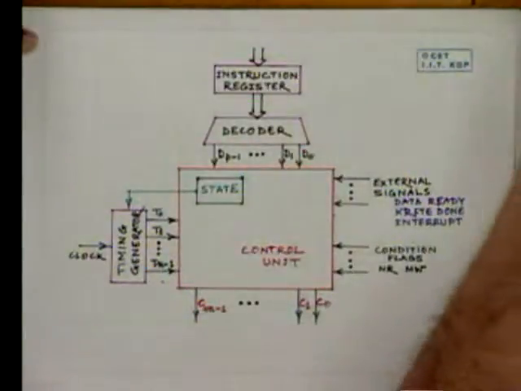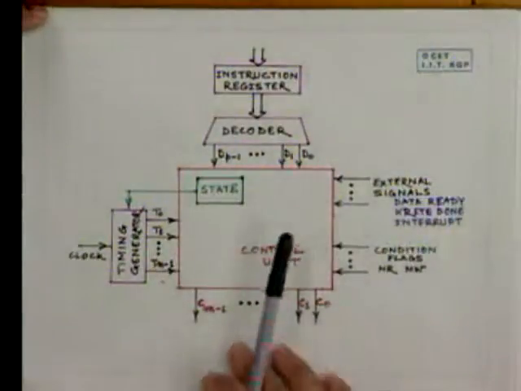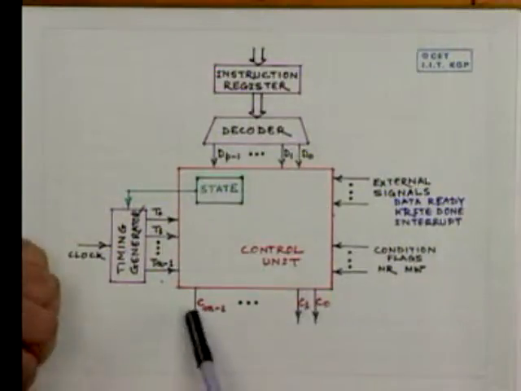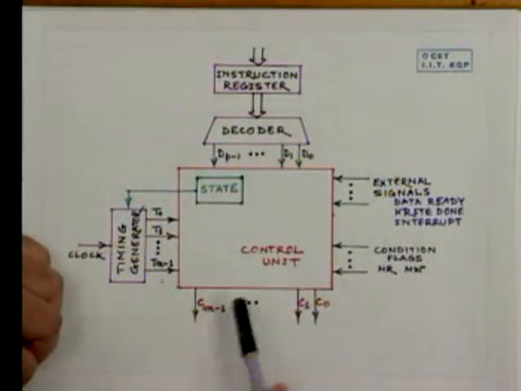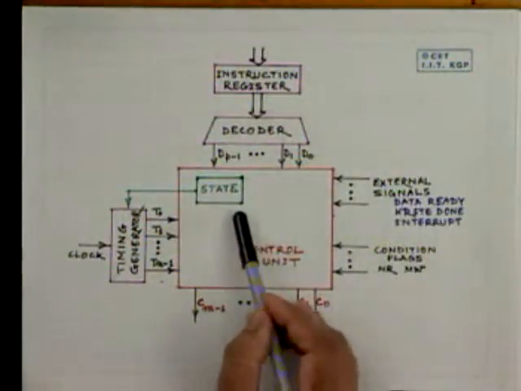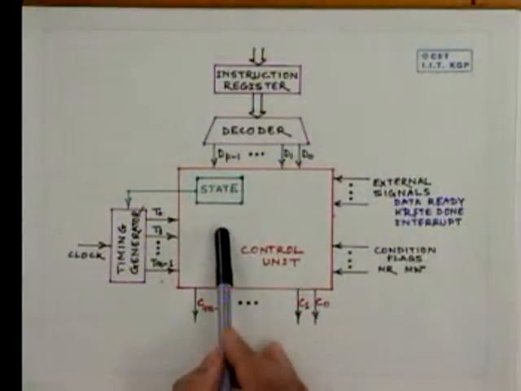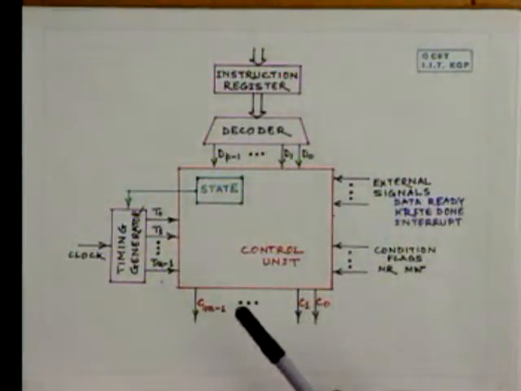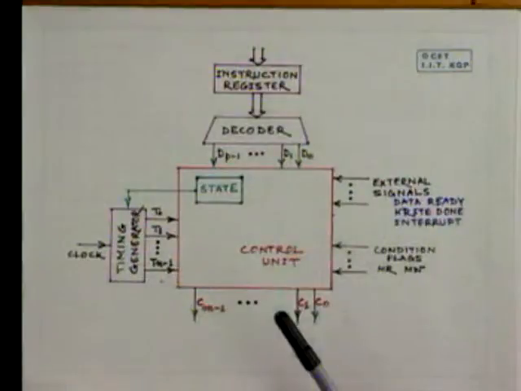Now let us come to what we mean by the state. As you see, the signals that will be generated in the control unit will depend upon what the machine state is. That means whether it is in a fetch state, the source state, the destination state, or say indirect state, or it may be in the interrupt state.